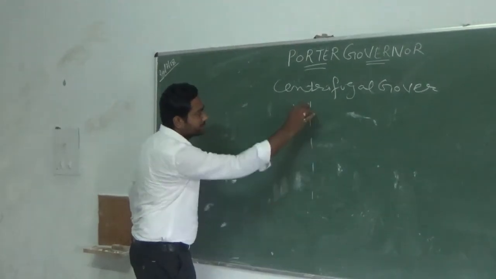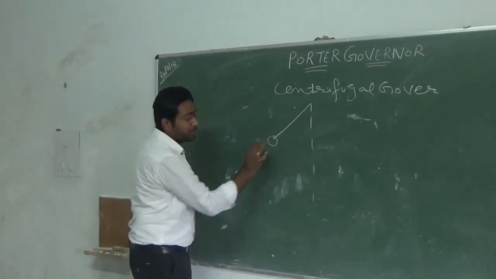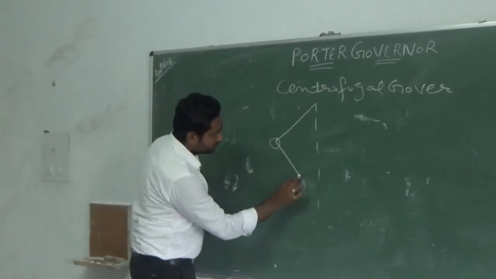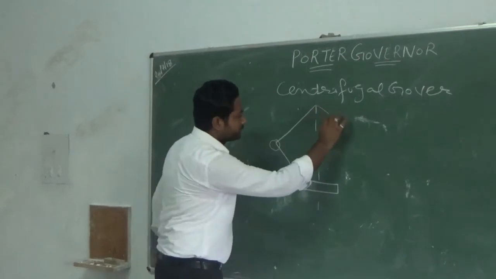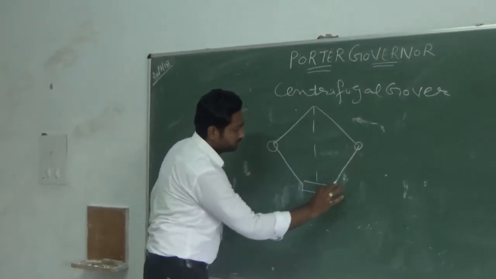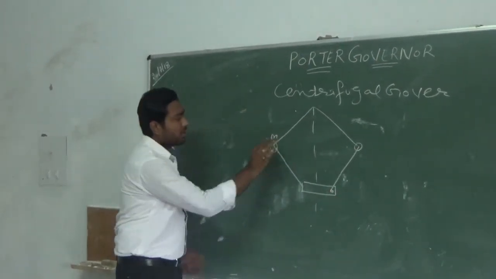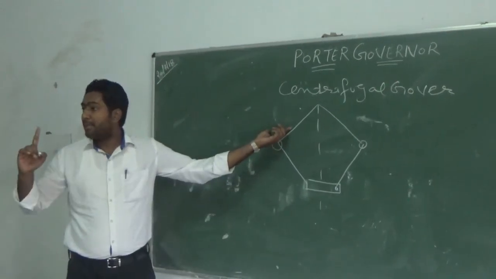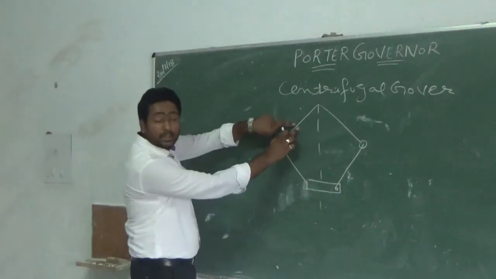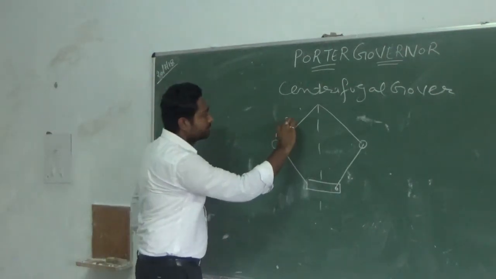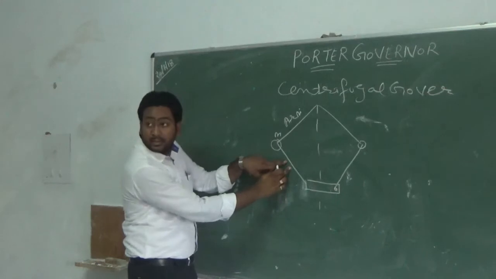Governor axis, fly ball, sleeve. Mass of fly ball is small m. This is arm and this is length.